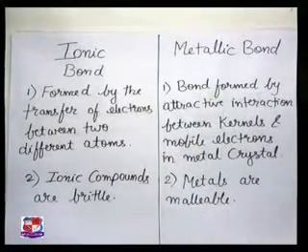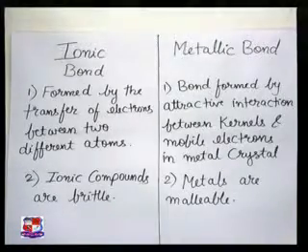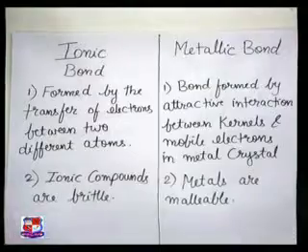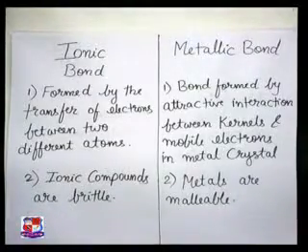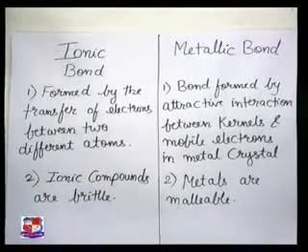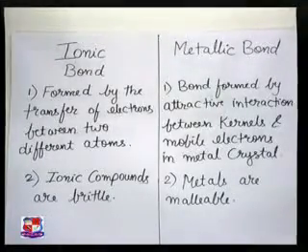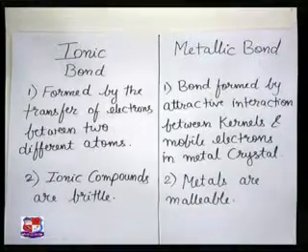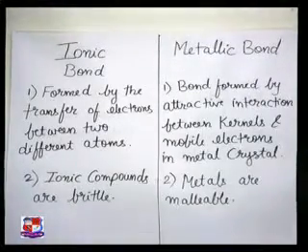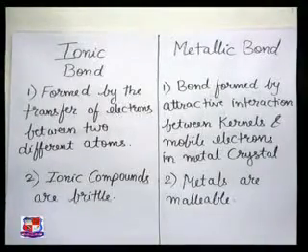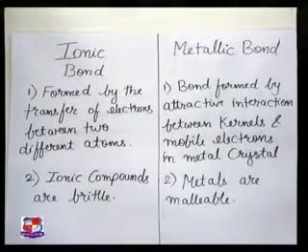That is one point of the difference. Now the second point tells that ionic compounds are basically brittle in nature. It means that they can break very easily, but compounds possessing metallic bonds are basically malleable in nature. Malleable means you can draw the metals into sheets. This is the second point regarding both the bonds.